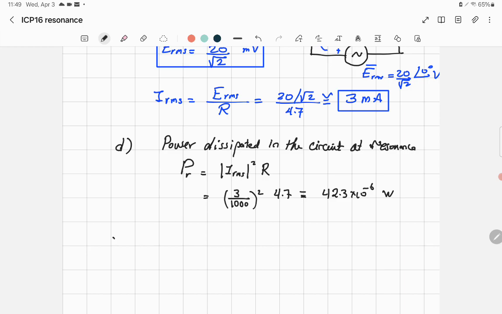Okay, let's now find part E. In E, it's required to find the apparent power delivered to the system at resonance.